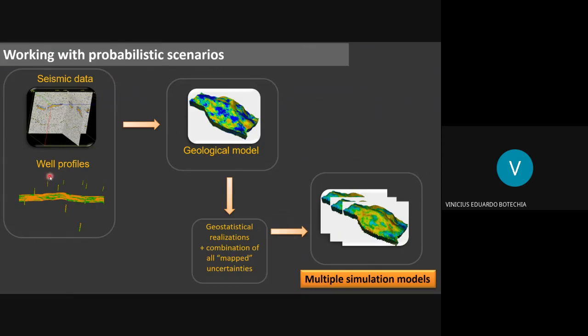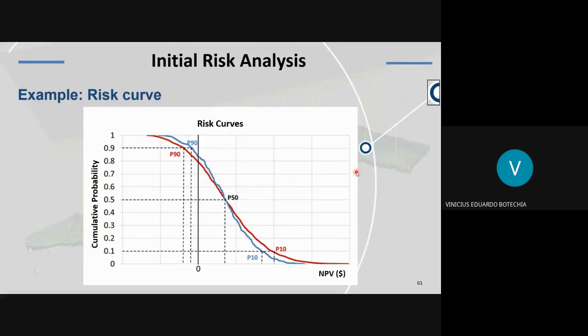Have data, which you use to generate the geological model. You put the uncertainties that you think you have regarding this information, or from analogous fields, etc. You combine them, do upscaling and generate multiple simulation models. From risk analysis, I will talk about these things in some parts of the presentation.